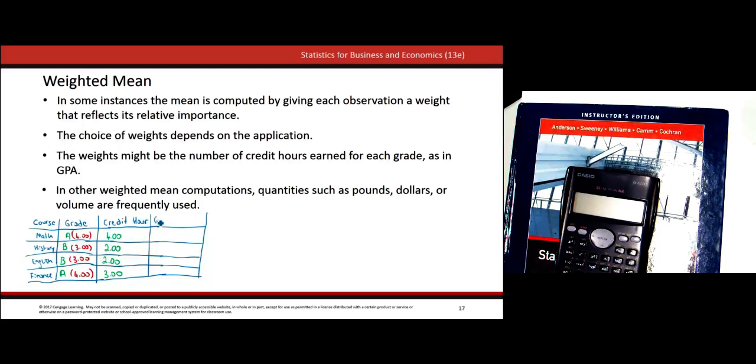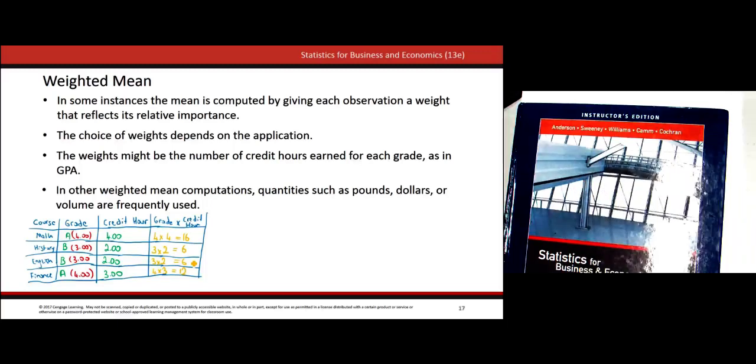So we multiply grade by credit hour, and add them up, which is 40.